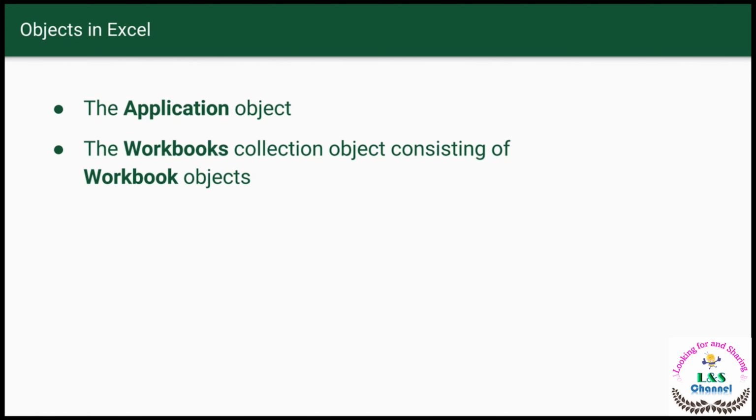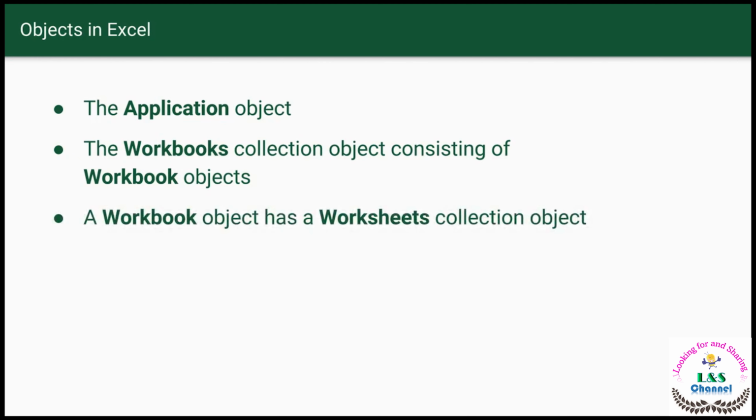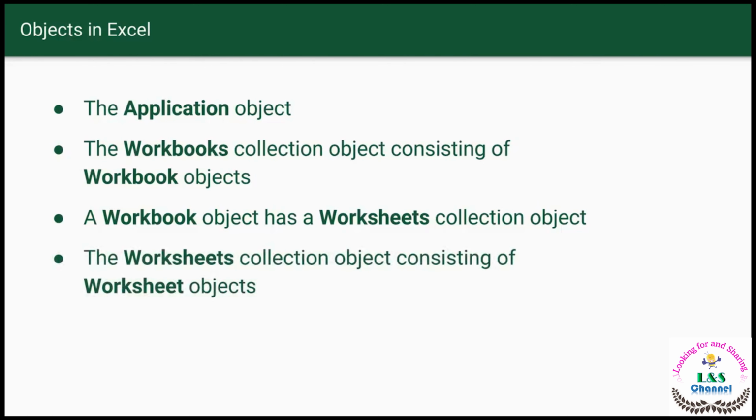Then we can use that familiar parentheses syntax with the numeric index of a specific entity to get a single workbook object. A single workbook object is going to have a property called worksheets. The worksheets property is going to return another collection object, this time a worksheets collection object, which, as you probably can guess by now, is just a collection object that includes multiple singular worksheet objects.